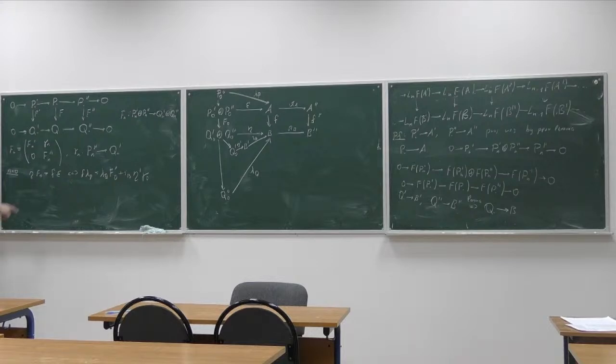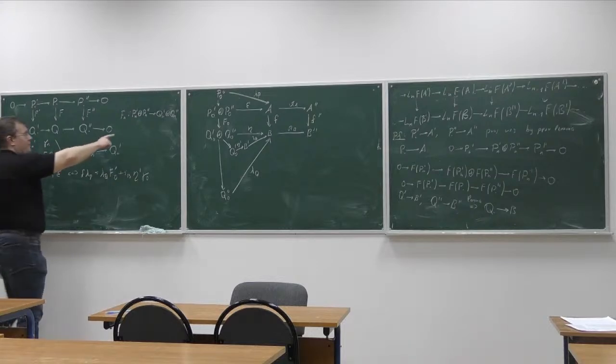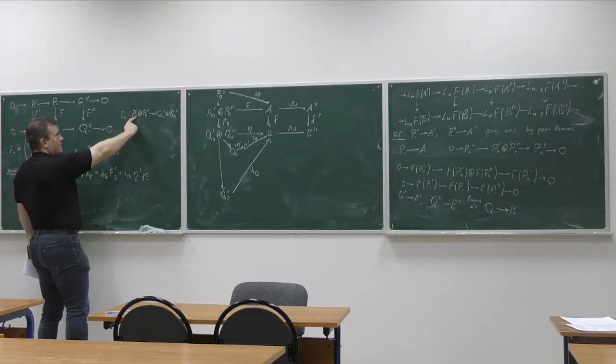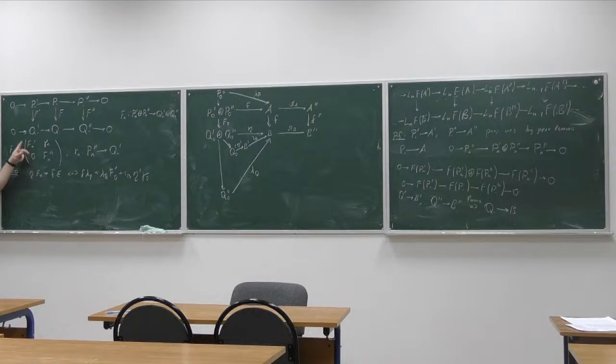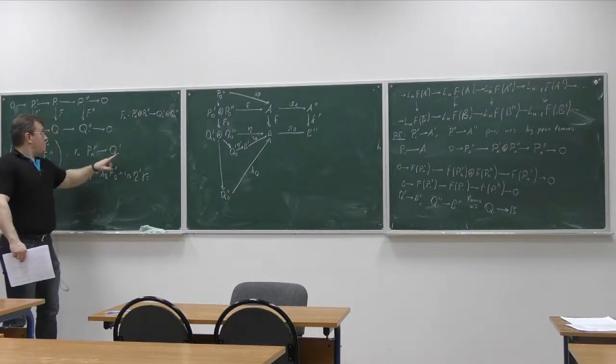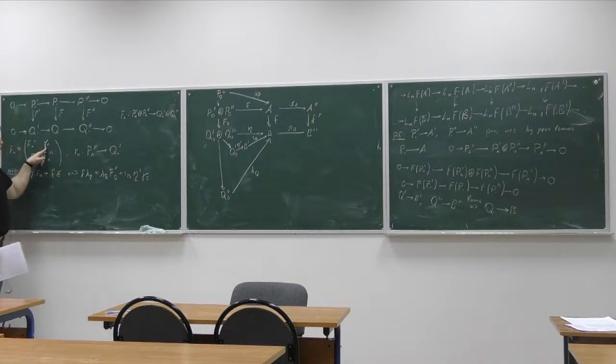Well, you can see that, for example, Fn prime would be a map from the Pn prime to the Qn prime, right? And this map is just Fn prime, so this one. Now, for example, gamma n, I wrote it here, so that is a map from the second component to the first component. So that's the correct position for this gamma.